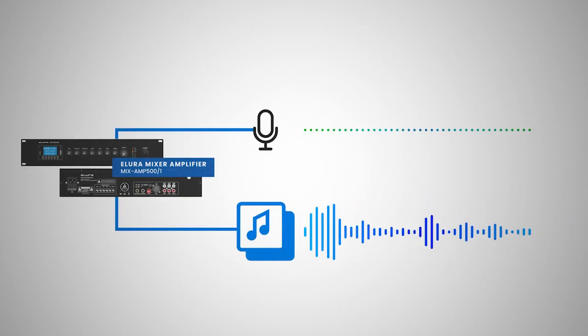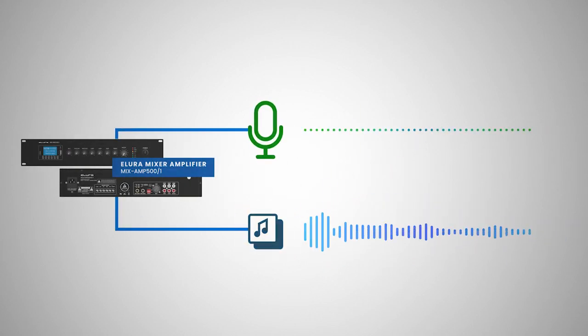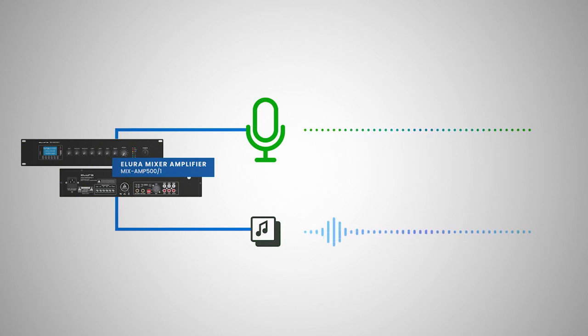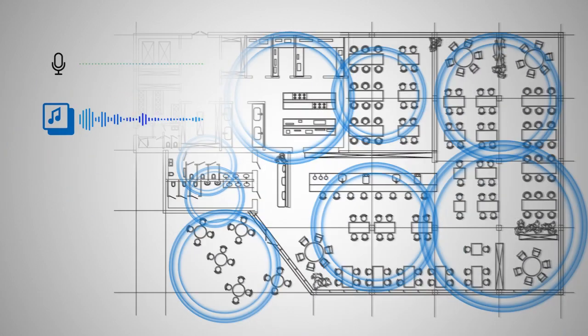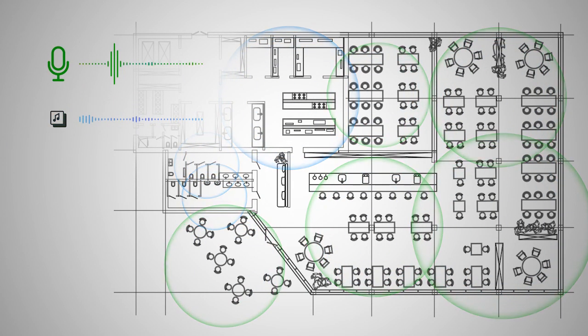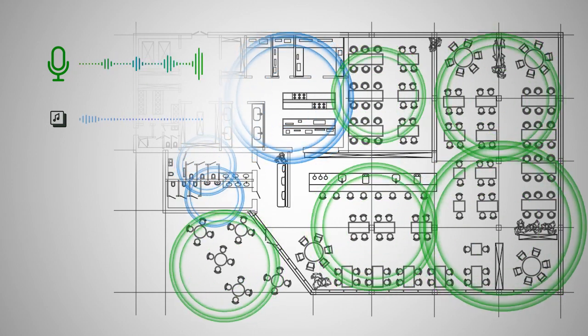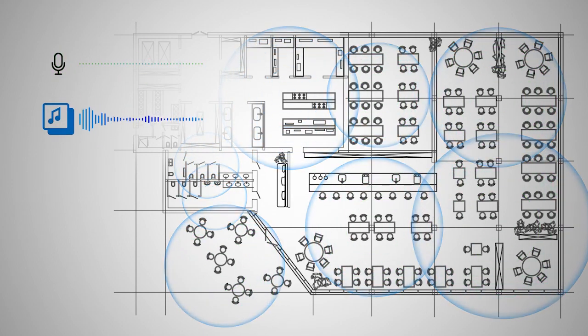And then when she keys that microphone, these commercial mixer amplifiers automatically duck the audio, and you can duck a certain area. You can duck the whole restaurant. It's literally all up to you in programming, and it allows the receptionist to make that call, and then the system will come back off ducking and jump back up to normal volume.